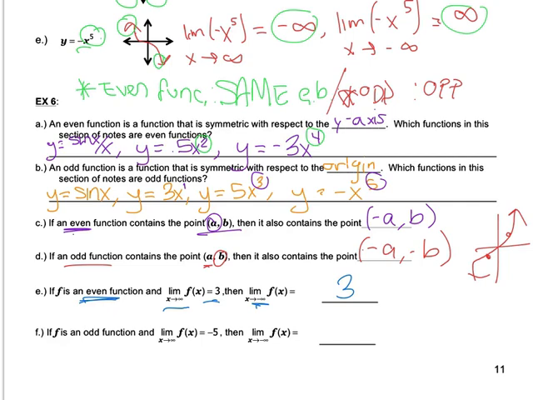And then lastly, if f is an odd function, and I know the limit as x approaches positive infinity is -5, remember, odd functions have opposite end behavior. That means as x approaches negative infinity, the function will approach the opposite of -5, which is +5.